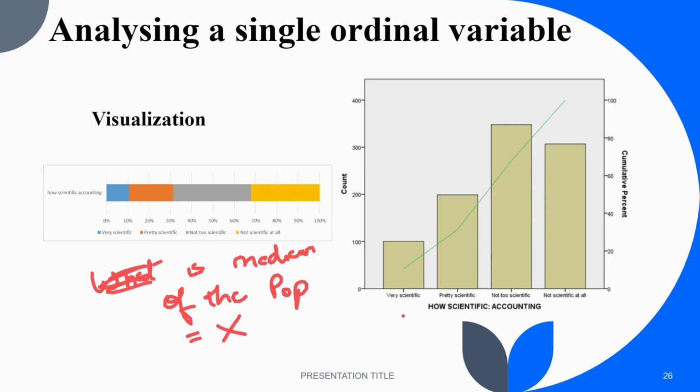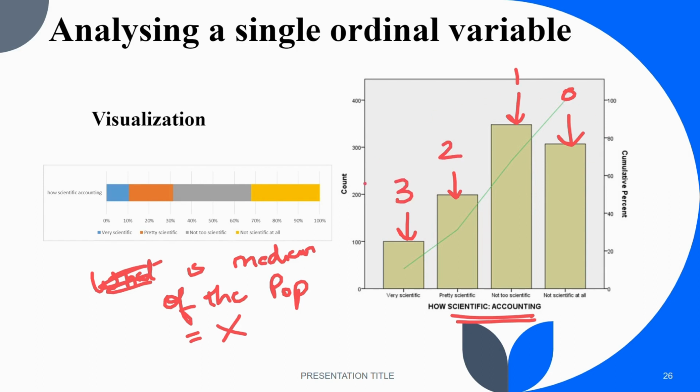Here in our example, let us assume that there is a variable: how scientific is accounting? Some call it very scientific, some call it pretty scientific, some call it not too scientific, and some call it not at all scientific. These are the different orders.